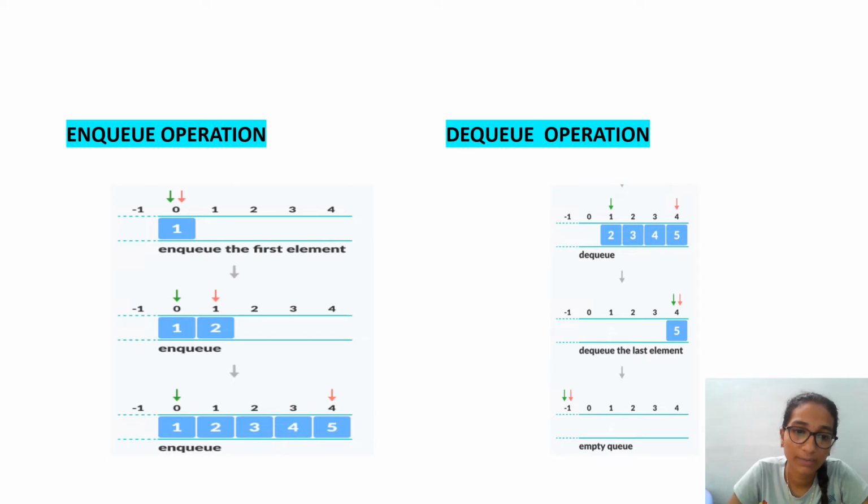So we have incremented the rear value by 1 in enqueue operation. In dequeue operation, while deleting, we have to delete elements from the 0th index. So we have to increase the front by 1. While deleting the last element, we have to reset the values of front and rear to -1.